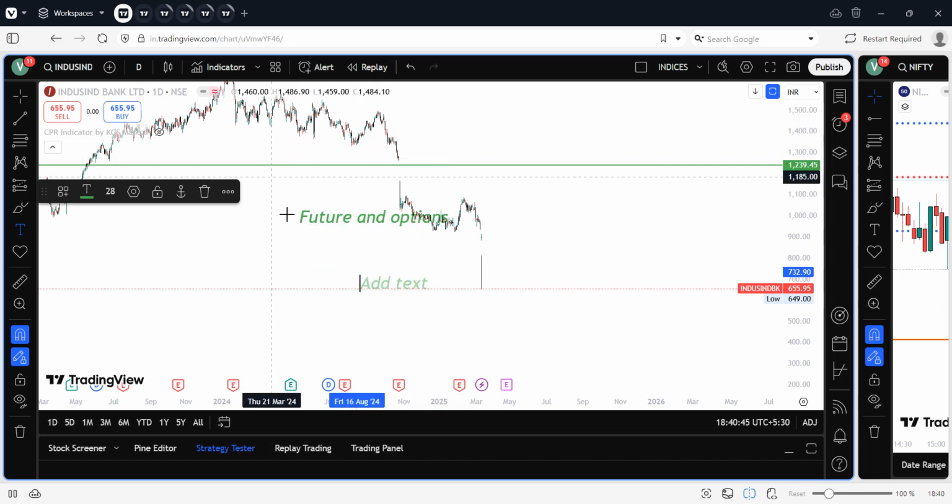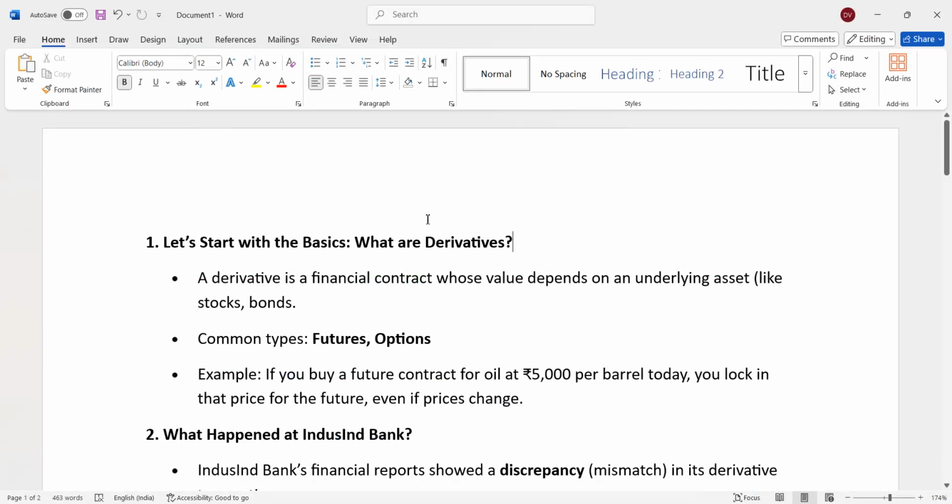IndusInd Bank has derivatives called futures and options. These are useful for hedging purposes. So when the underlying asset has derivative discrepancies, there is some mismatch in that. I'm going to explain this in detail.